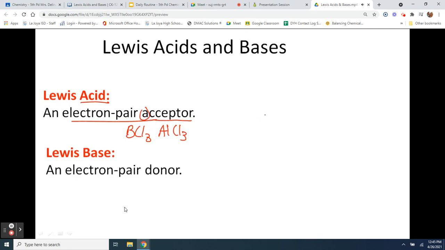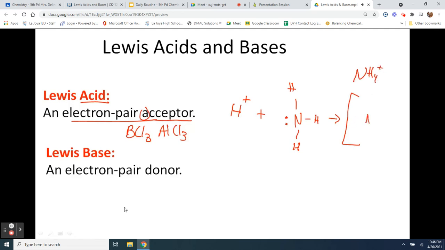Now, to understand it further, let's think about H plus and NH3. I'm going to draw a Lewis dot structure, since we're talking about the Lewis definition of acids and bases, showing that we form an NH4 positive ion.